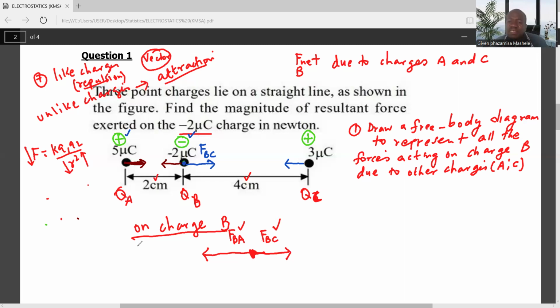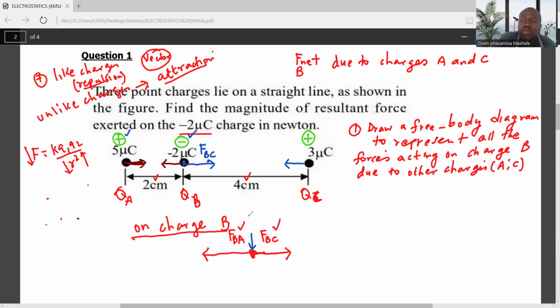Then now, let's take it further. Say we want to calculate the net electrostatic force on this charge B. When we look at charge B, how many forces are acting? It's only 2 forces. Because we want the net, remember we talked about the resultant vector as a single vector that has the same effect as all other vectors added together.